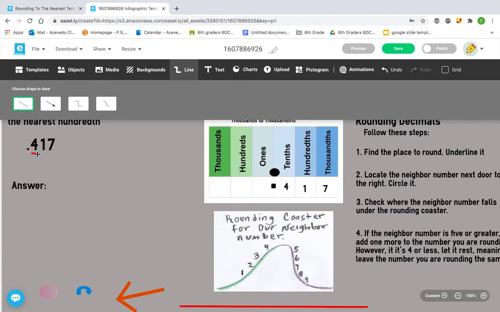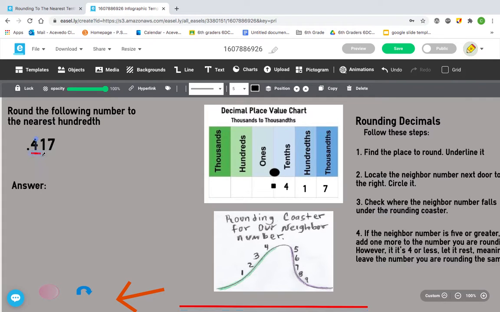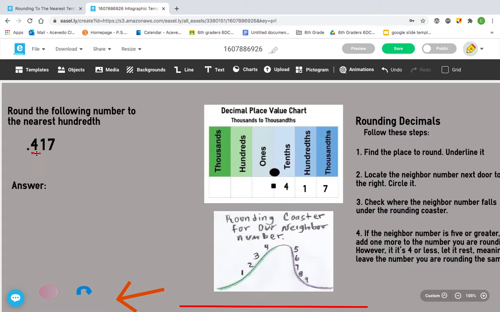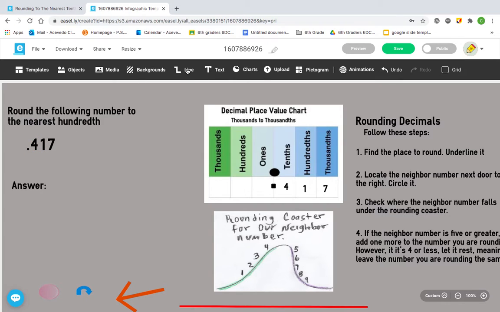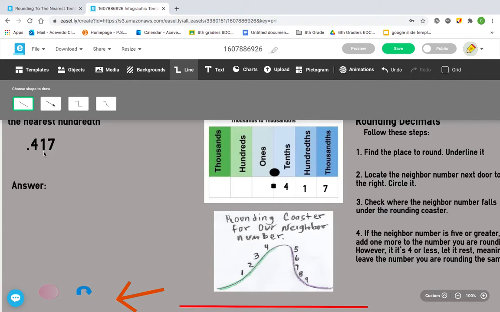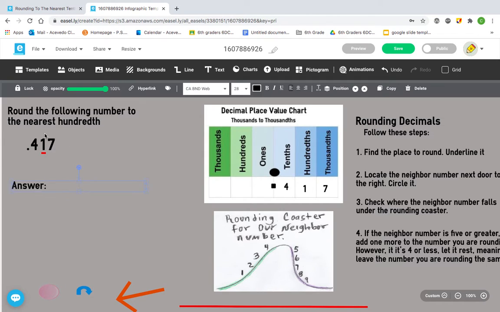So I underline the 1. And then I look at the neighbor on my right after the 1, and it's 7. So I want to circle that.